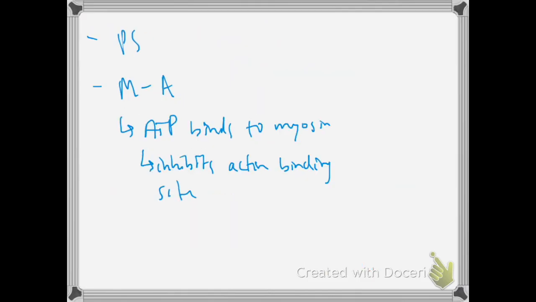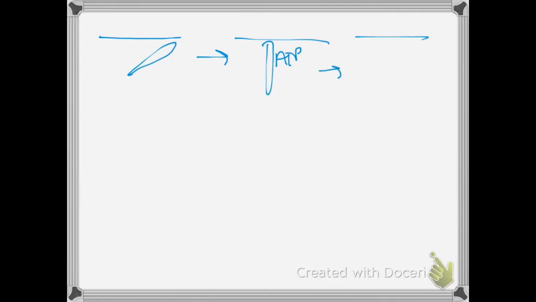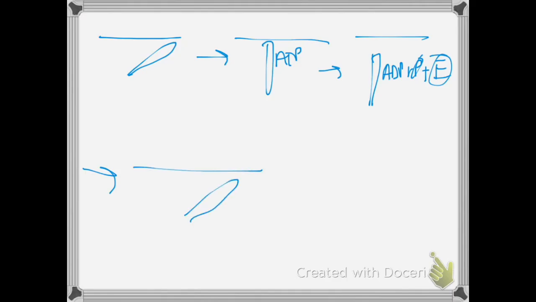So basically what keeps happening is you'll have high energy, pulls it in, low energy. ATP binds, lets go, ATP splits into ADP plus a phosphate, and then this energy can be used to turn this back into its high energy configuration.